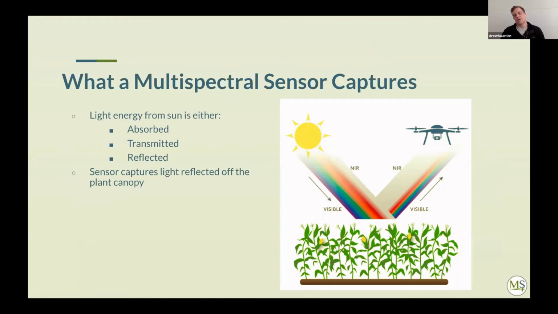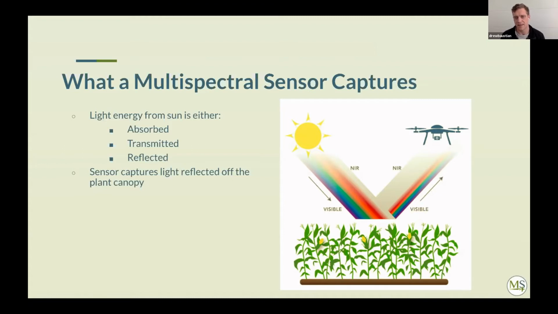But what does a multispectral camera actually capture? This little diagram on the right-hand side is showing sunlight coming down, hitting a plant canopy. Some of that light gets absorbed by the plant, some of it gets transmitted, and then some of it gets reflected.